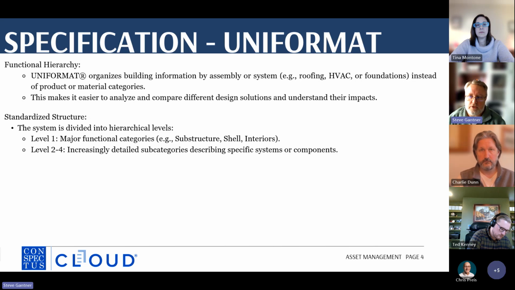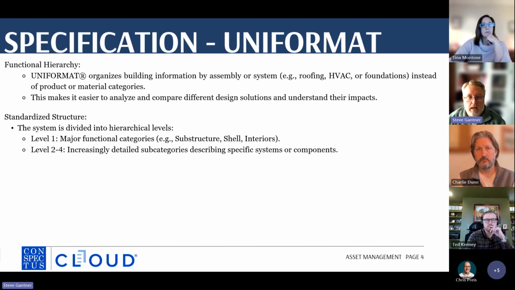It provides a standardized structure, systems divided into hierarchical levels. We'll get into those in a few minutes. Level 1 is the major functional category. Think of it as an element of the building. And it's based on how you build the building from the bottom up, outside in. So we're talking vertical construction today. UNIFORMAT can also be used for horizontal construction, although we specialize in the vertical element.